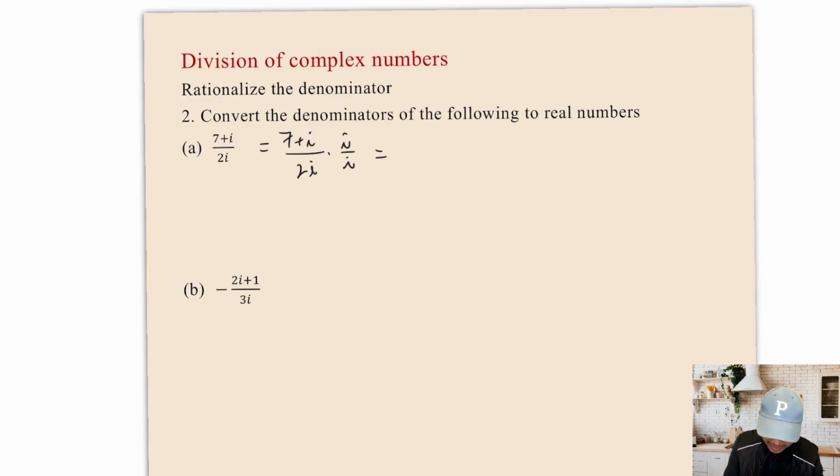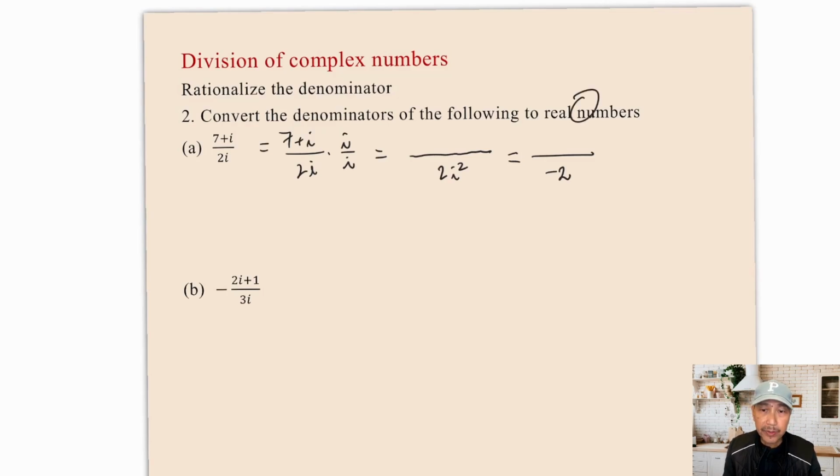Once we multiply i over i, please notice the denominator. It will become 2i squared. Because i squared is -1, the denominator will become -2, which is a real number. The aim of these questions is to change the denominator to a real number. So we are done.